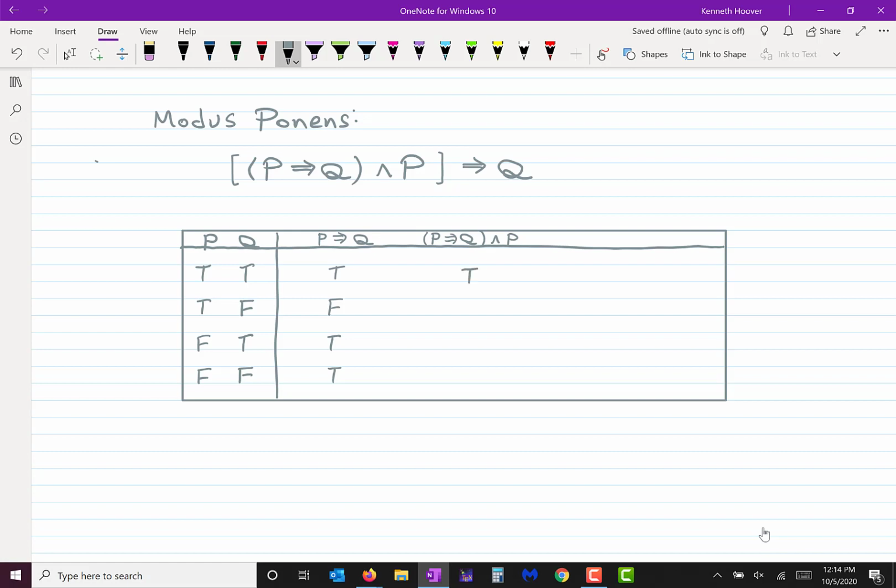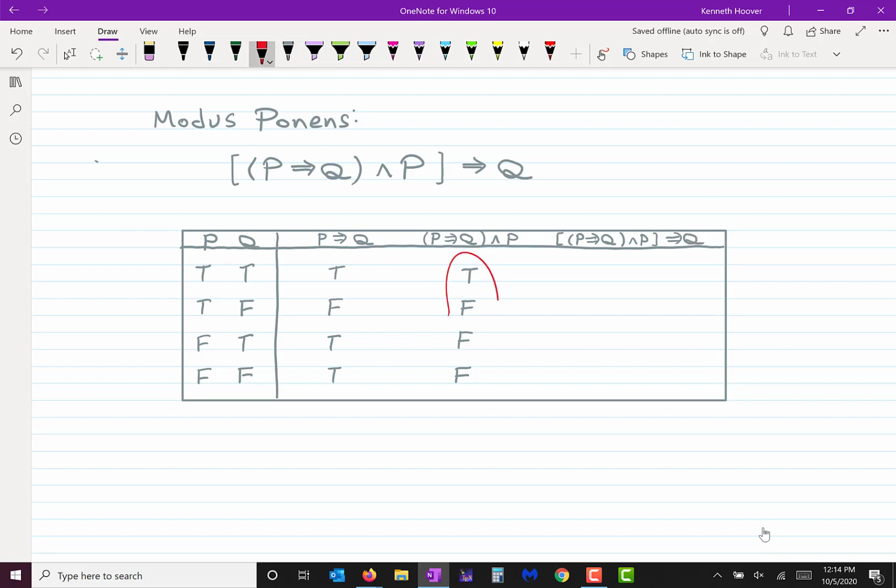Here they're both true. Here one of them's false. Here one of them's false, and here one of them's false. And now let's do the implication of that implying Q.